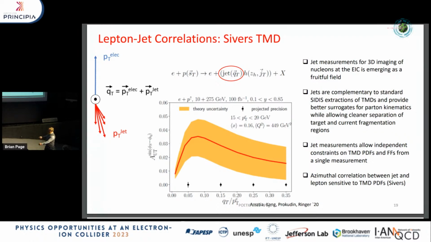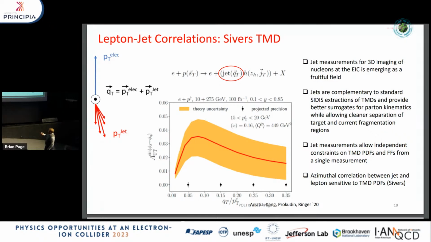Basically, here you're looking at the modulation of the jet direction versus your scattered lepton direction. And this allows you, for example, looking at an asymmetry like this, to access something like the Sivers function. And you can actually do this.